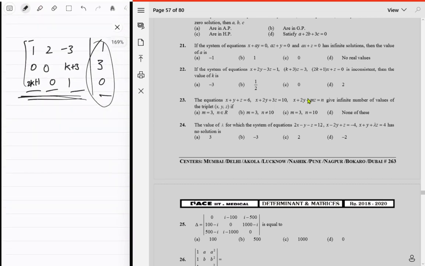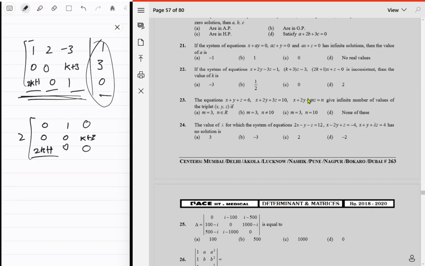Just by row operations, you can write like this: 2, 0, 0, 2k plus 1, and then you got 1, 0, 0, then you got 0, k plus 3, and then 1. So unless this thing is 0, you can actually get rid of this thing, and that would mean the rank would just be, yes, like these three are actually not coplanar really.